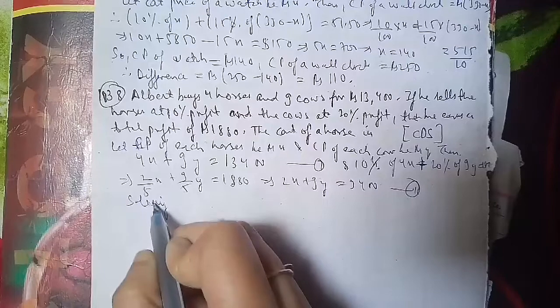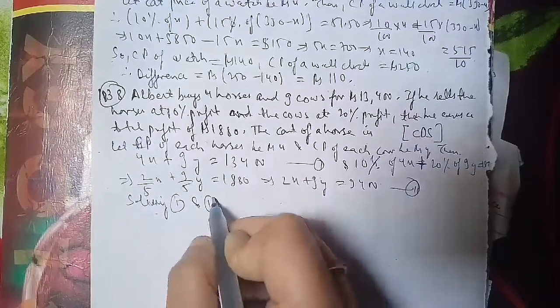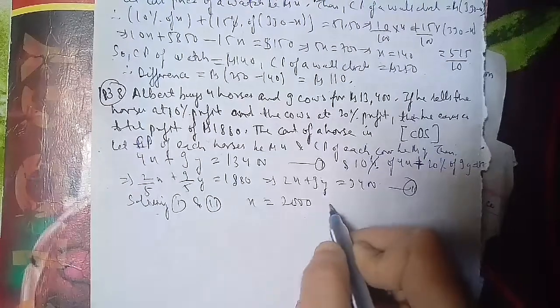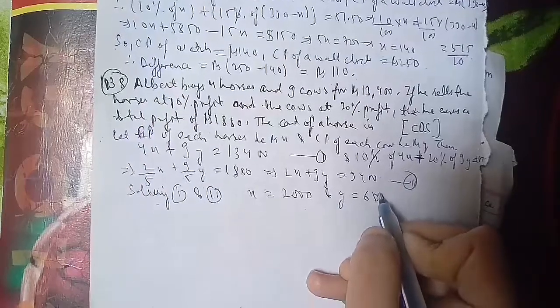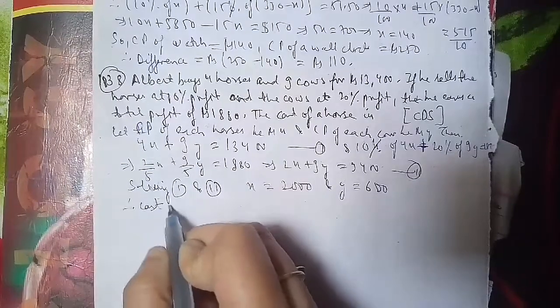So the cost price of each horse equals rupees 2000. That we get as the answer here.